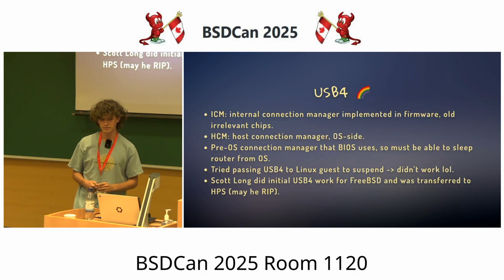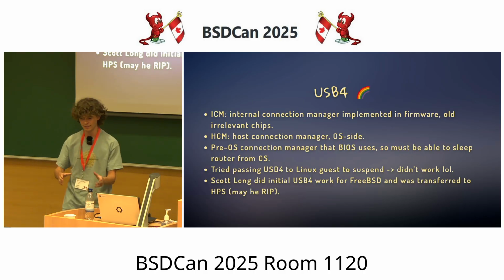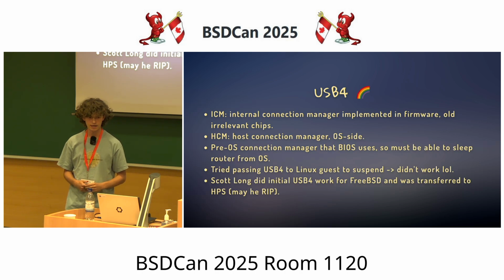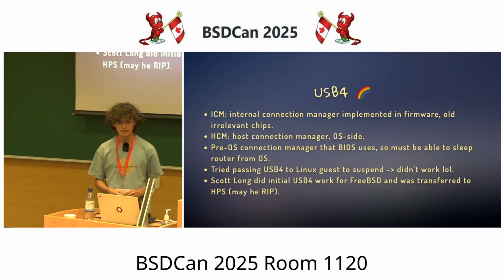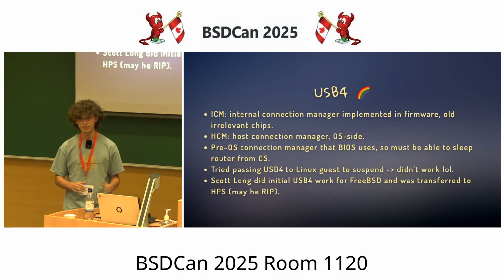Basically a big part of the driver was implemented in firmware, but this was a bit odd because every single controller had its own quirks and idiosyncrasies. So Scott Long kind of suggested to axe all of that, since anyway that's just a bunch of old controllers. And now we're just entirely using the HCM, which is the host connection manager, which is completely OS side.